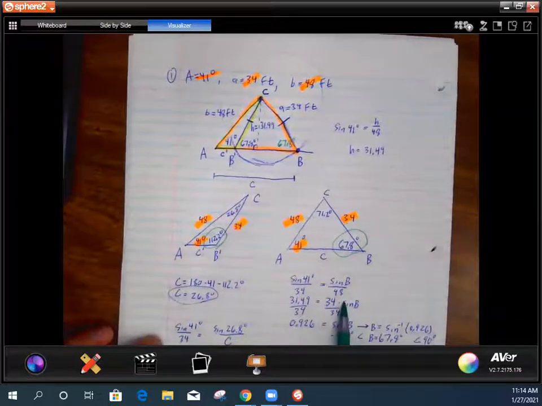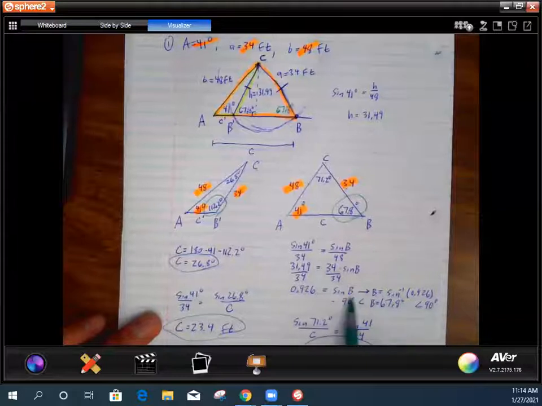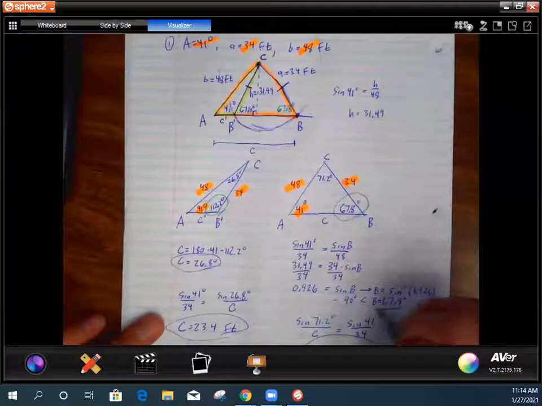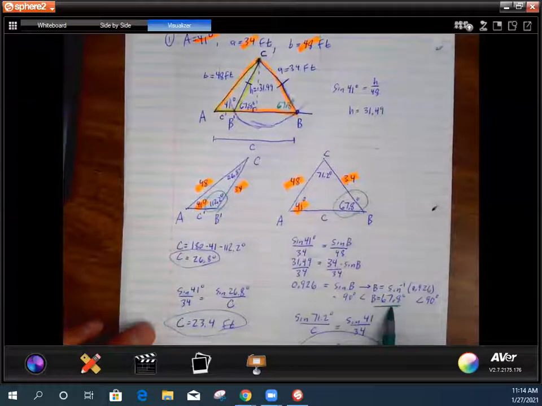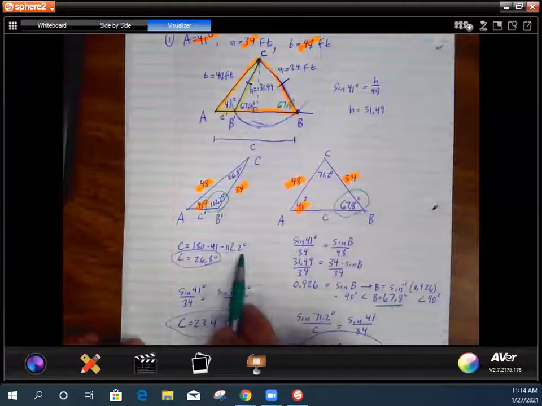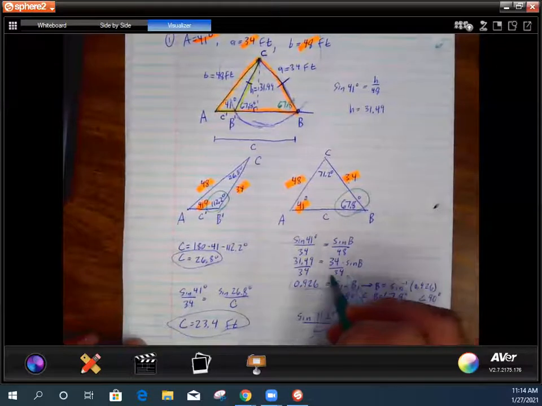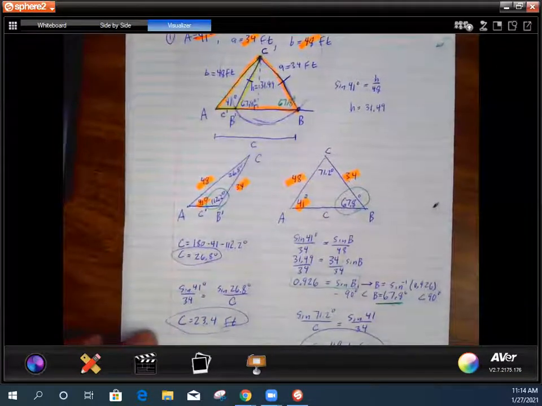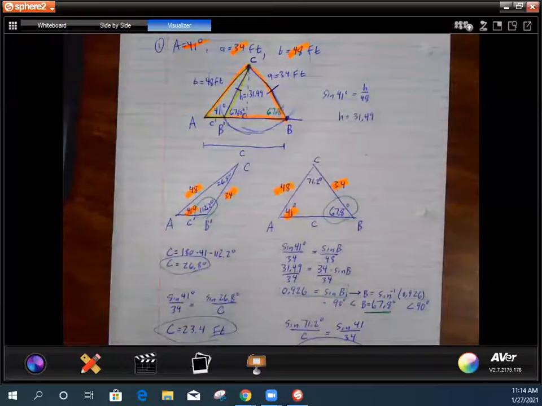And that's what we did here. And then when we solved for the sine of B, the calculator told us it was 67.8, but because sine is also positive in quadrant 2, there's also that other angle that's supplementary to it that would also satisfy this equation. So that's why you get two possible answers, but the calculator is only going to tell you one because it wants sine to be a function.